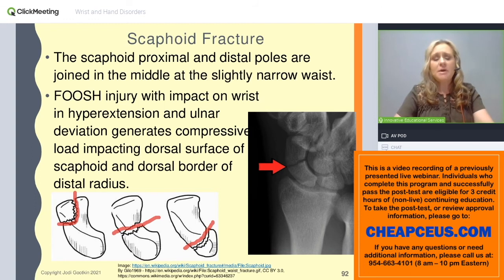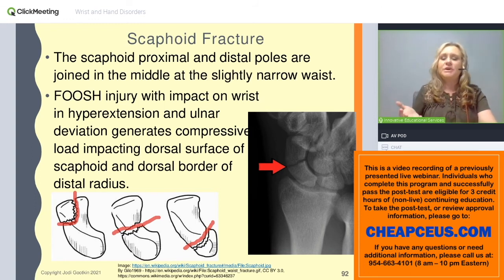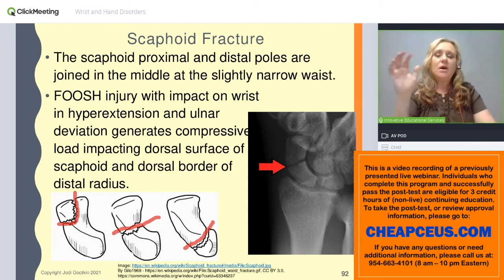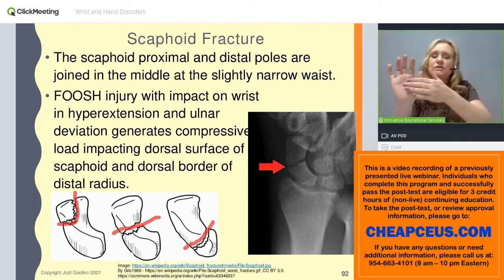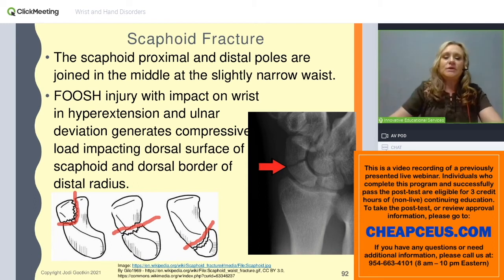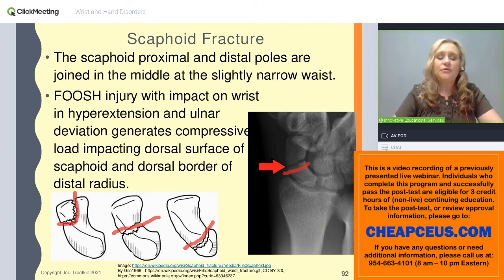The most common mechanism of injury for the scaphoid is going to be a FOOSH injury, which is a fall on an outstretched hand. Depending on the position of the wrist, usually if there's hyperextension and ulnar deviation, it exposes that scaphoid. And then when there's the compressive force, just above the line that I draw here on the right, we can see that fracture of the scaphoid.